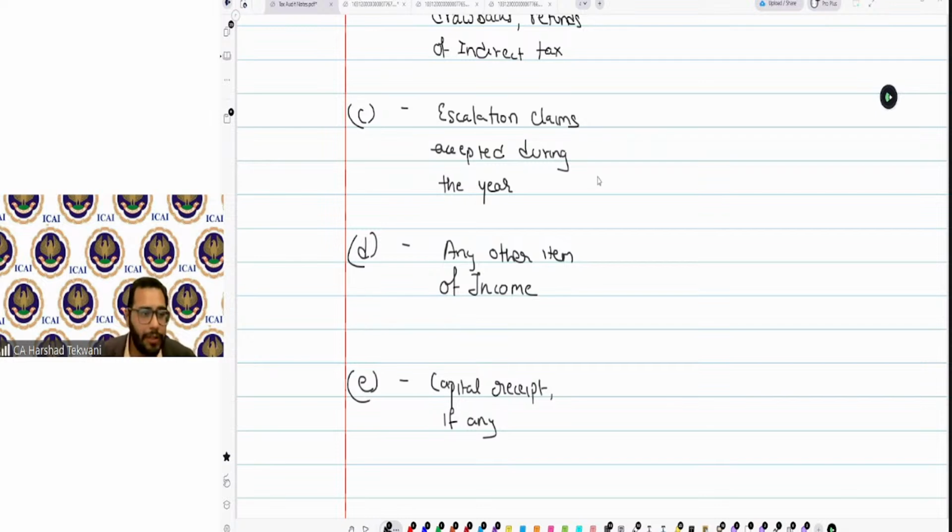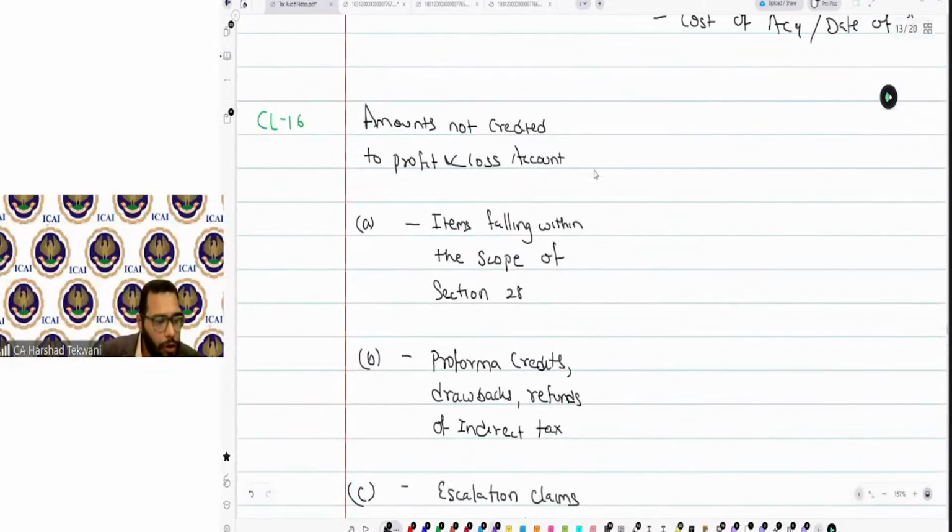Now the point is how to audit these items. You now understand what these items are, but how do you identify and audit whatever is being reported in this clause? Number one, items falling within the scope of section 28, meaning they are chargeable to, or required to be considered as, income from profits and gains of business and profession. In that case, you need to go through the items credited in balance sheet GLs.